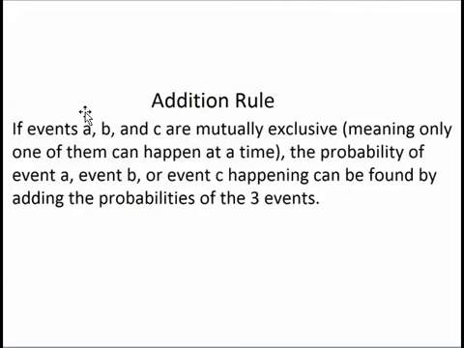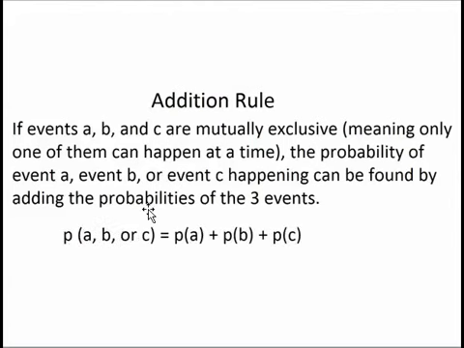It says that if events A, B, and C are all mutually exclusive, meaning only one of them can happen at a time, then the probability of event A, event B, or event C happening can be found by adding the probabilities of all three events. So if all three of these events are mutually exclusive, and only one of them can happen at a time, then the probability of A, B, or C happening is equal to the total of the probability of A, the probability of B, and the probability of C.